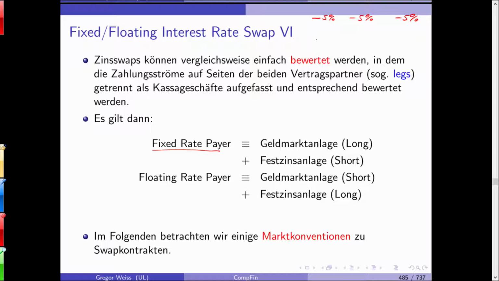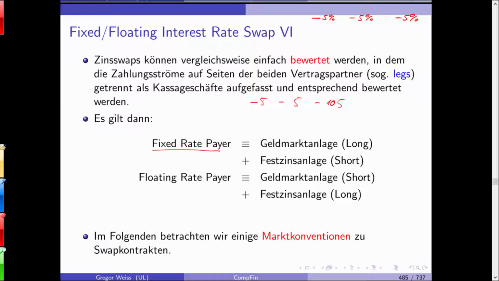We'll pay out -5%, -5%, and -5%, and actually we'll also pay out -100, the notional. Let's do it not with percentages. We are paying out -5, -5, -105, and this is a very simple coupon bond short.